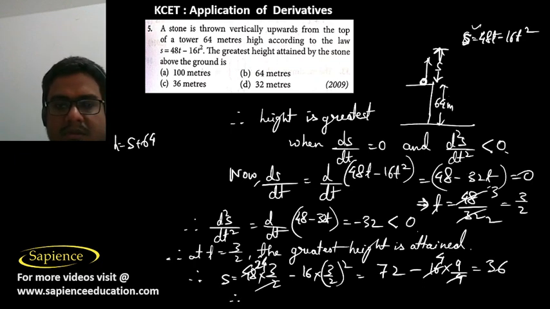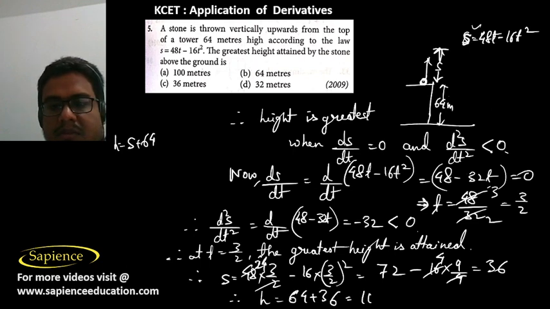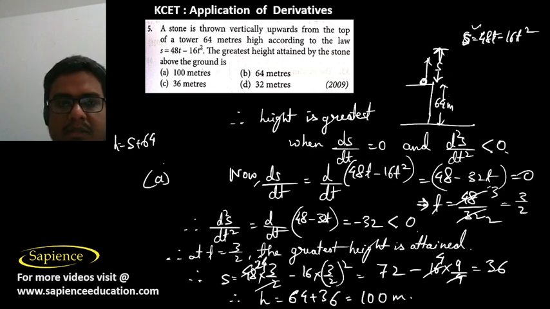Therefore, the greatest height attained is 64 plus 36, that is 100. 100 is the correct answer.